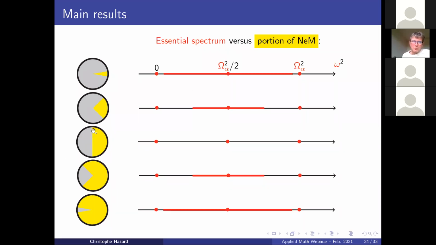And then if you increase again the angle, you see that the interval increases again until it reaches nearly the whole interval between 0 and omega alpha squared. Actually, you have a symmetry with respect to this situation where there is no corner here.